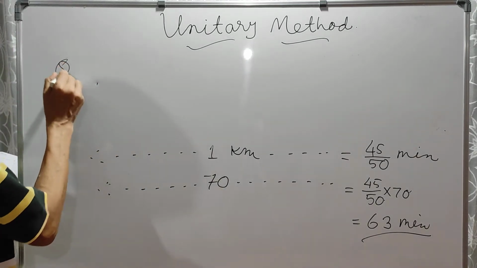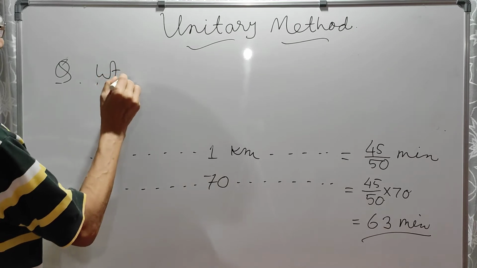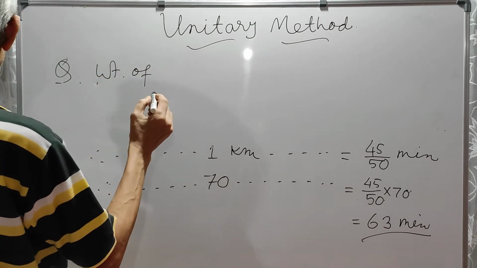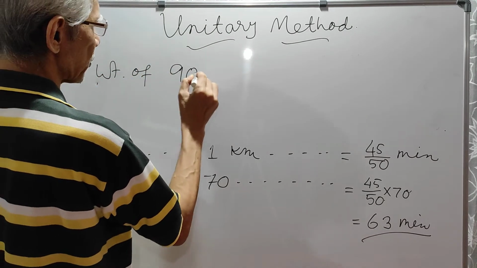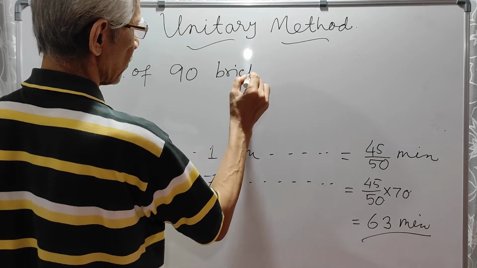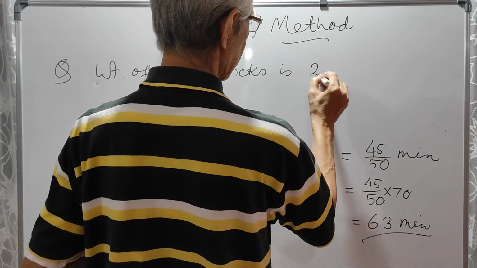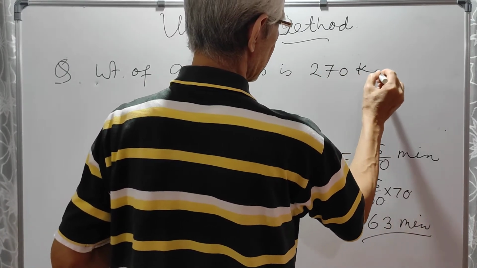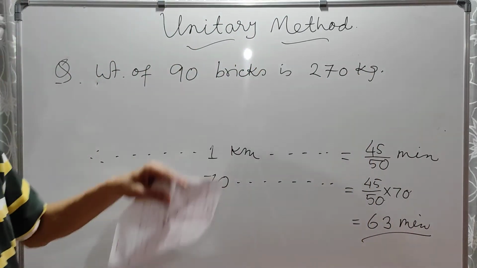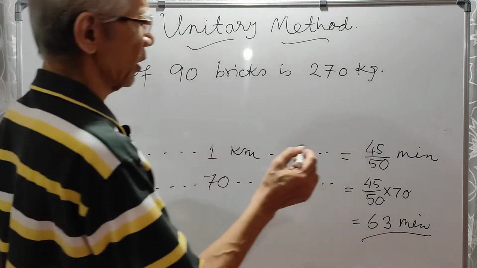Next question is this one. Weight of 90 bricks is 270 kg.